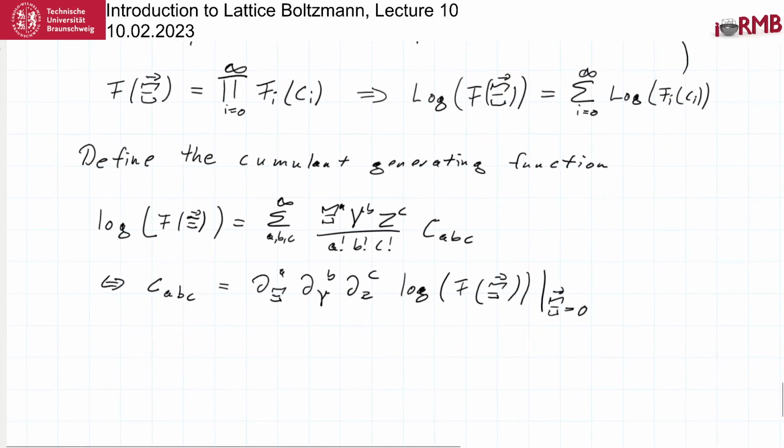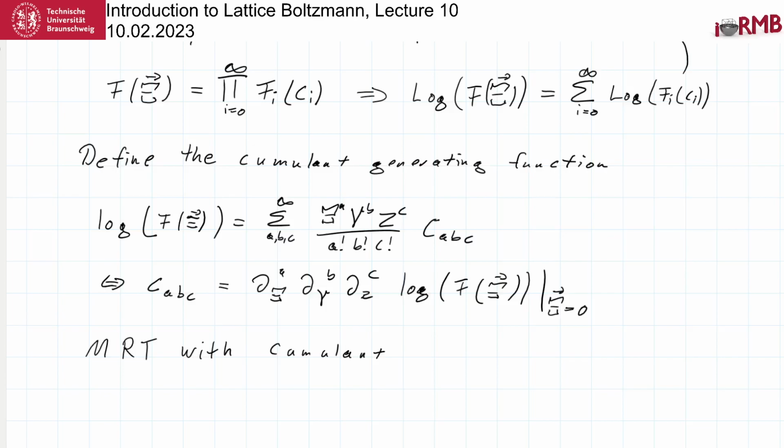Okay. Now what we are doing in the last 20 minutes or so is to look at MRT with cumulants instead of moments, because they should have the properties that we like, and that we were missing with the moments.